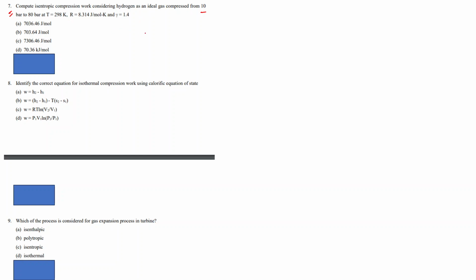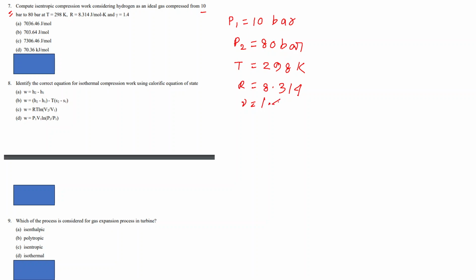The provided pressure P1 is 10 bar, and P2 is 80 bar, and temperature T is 298 Kelvin, and R value is 8.314 joule per mole Kelvin, and gamma value is 1.4.